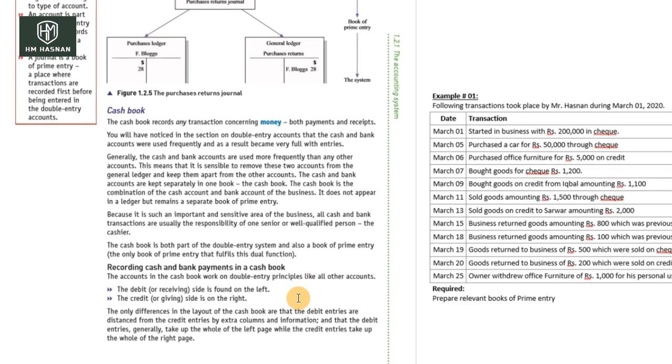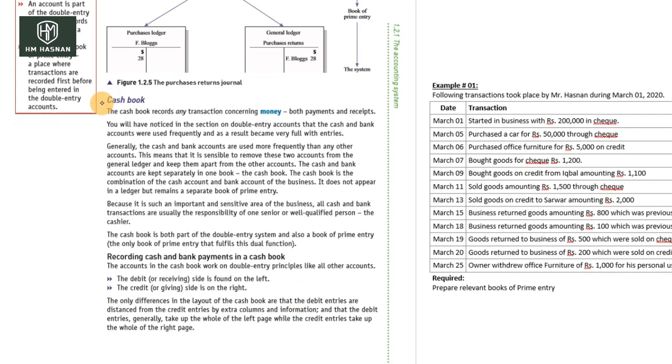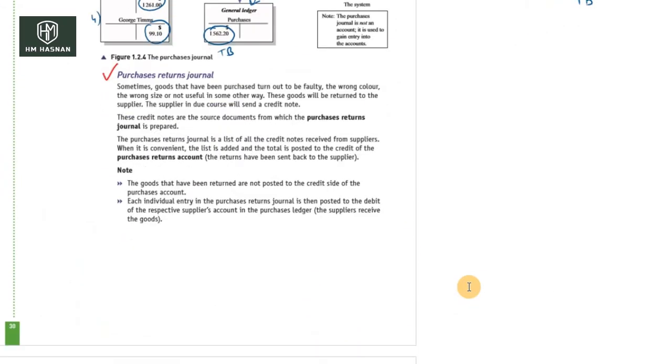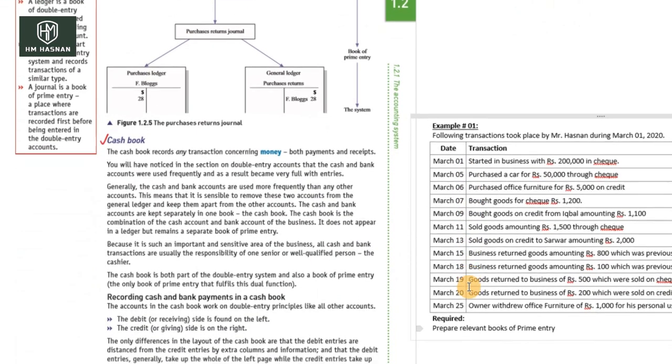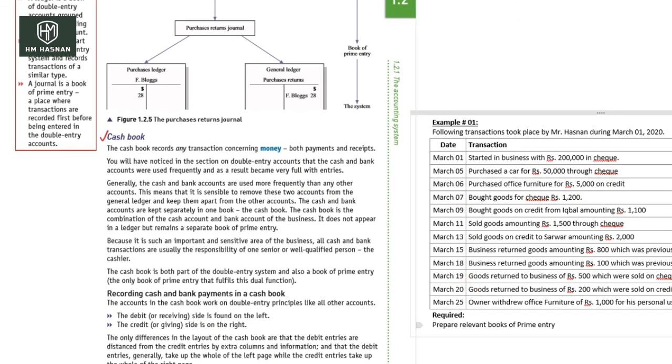Now here is the cash book. Cash book means cash day book. So in cash day book, we record two types of transaction. Cash day book is also called cash journal.